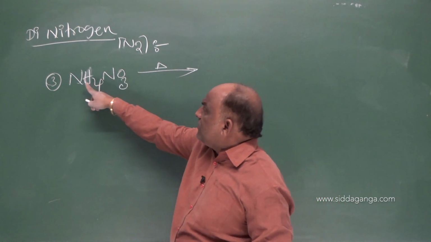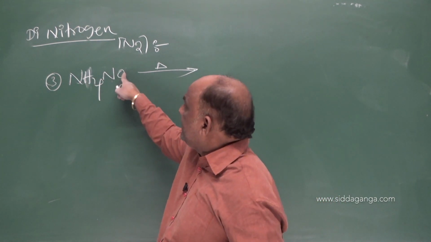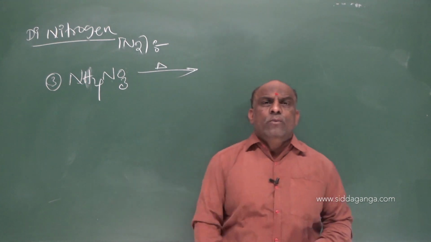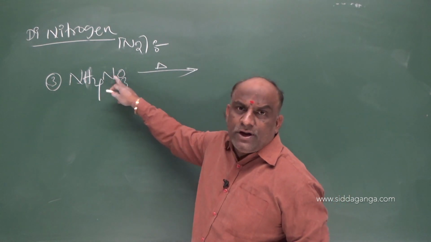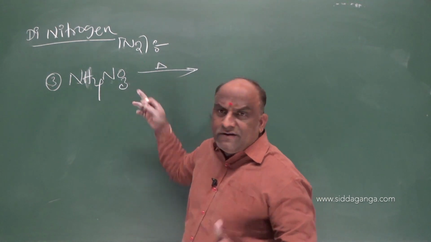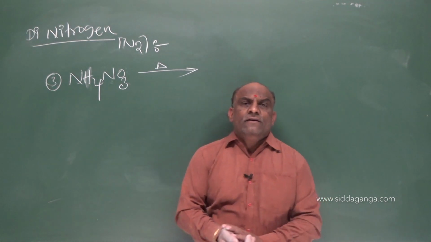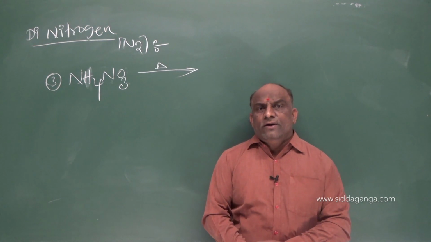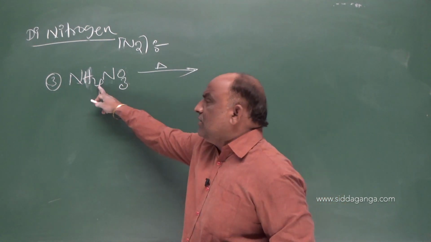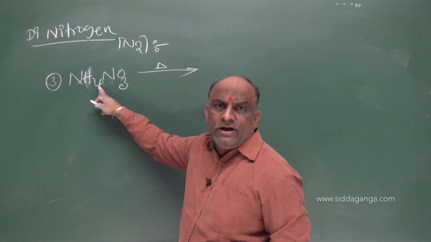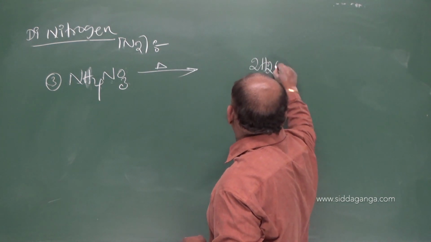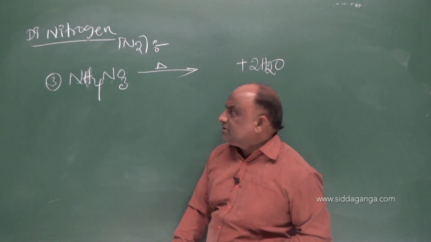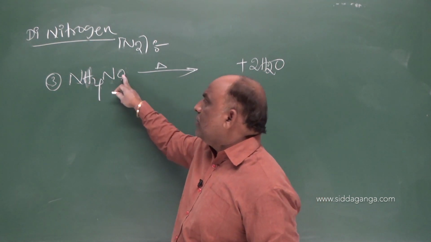Thermal decomposition of ammonium nitrate: NO3 is known as nitrate. What is our target? Our target in thermal decomposition is removal of water. How many hydrogens? 4 hydrogens, which require 2 oxygen atoms. So eliminate 2 water molecules, removing H4 and O2.